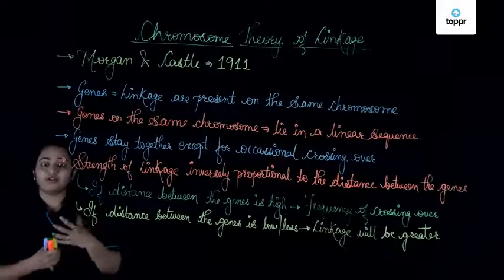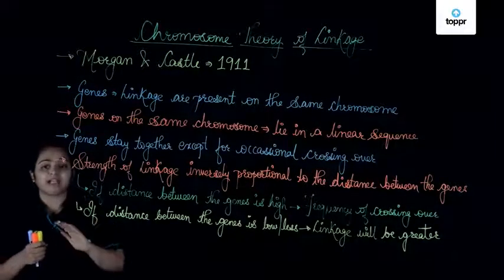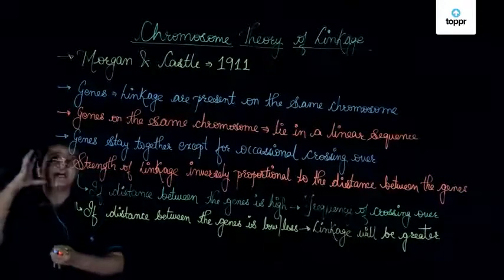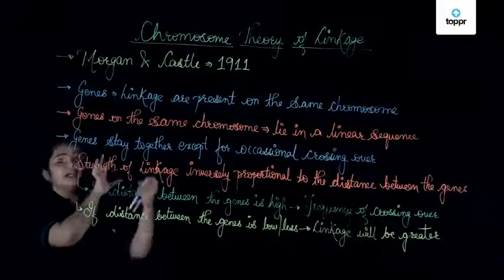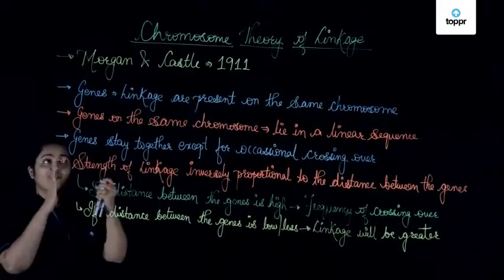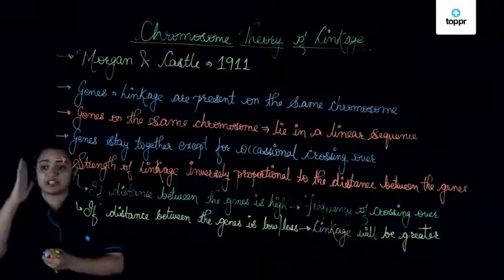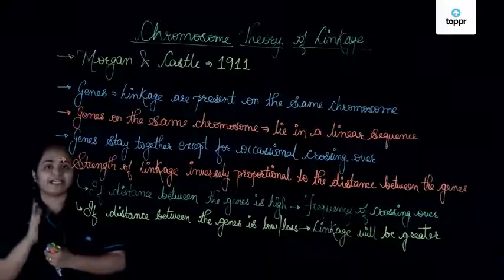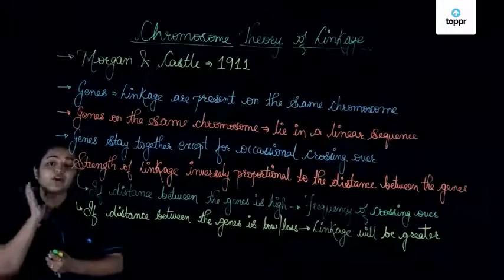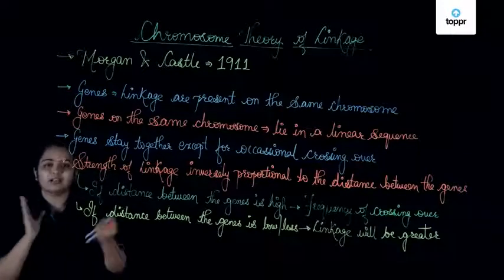We got to know the concept of linkage, but it was put forward in a confirmed manner in the form of a theory by both of these. It stated that genes which are linked together will always be present on the same chromosome. When present on the same chromosome, they will always lie in a straight linear fashion. The genes will stay together except for the occasional event of crossing over. If there is crossing over, only then they will move away.